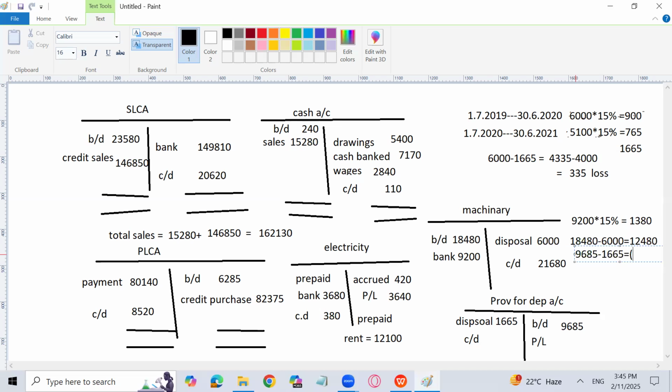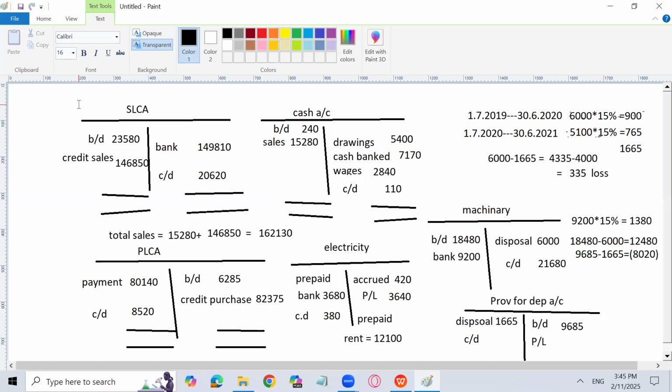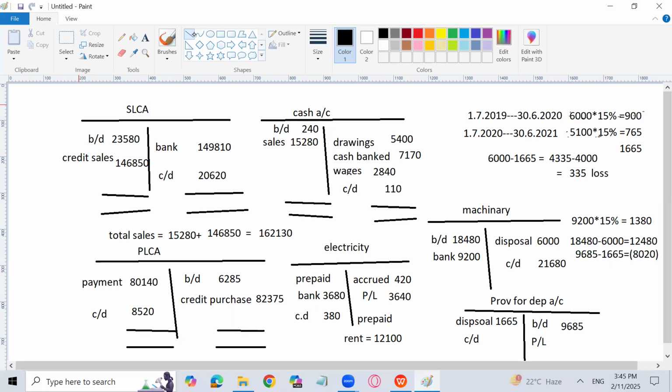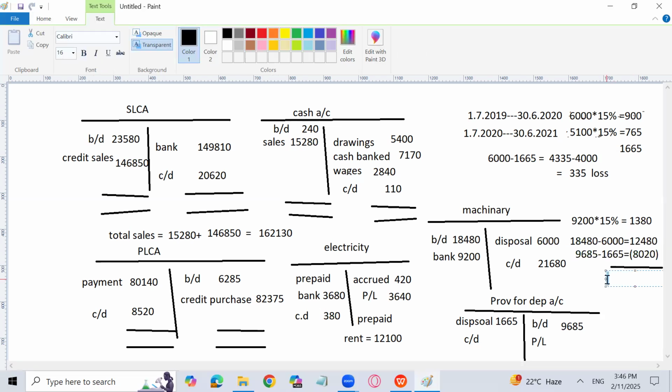So what is the amount? Existing depreciation minus depreciation on the asset sold, 9685 minus 1665, 8020. Now 12,480 minus 8020, you will get the book value of the existing assets on which we need to charge depreciation for the current year.